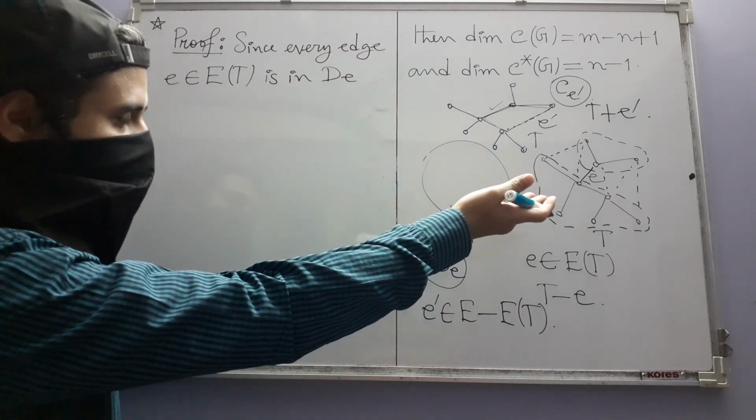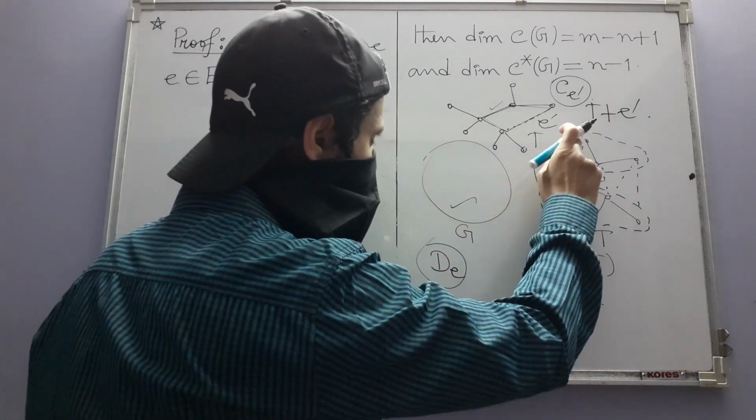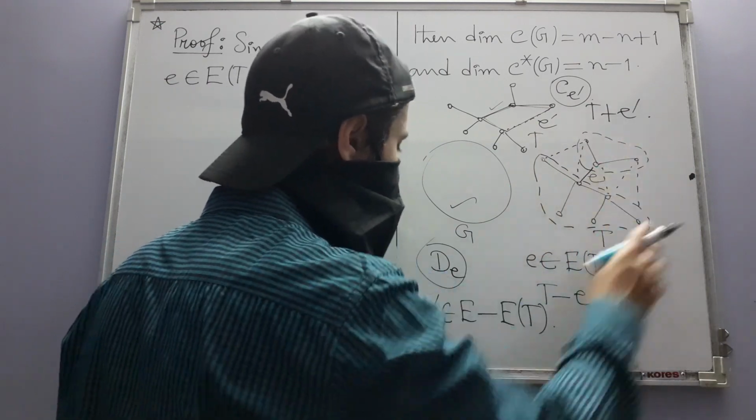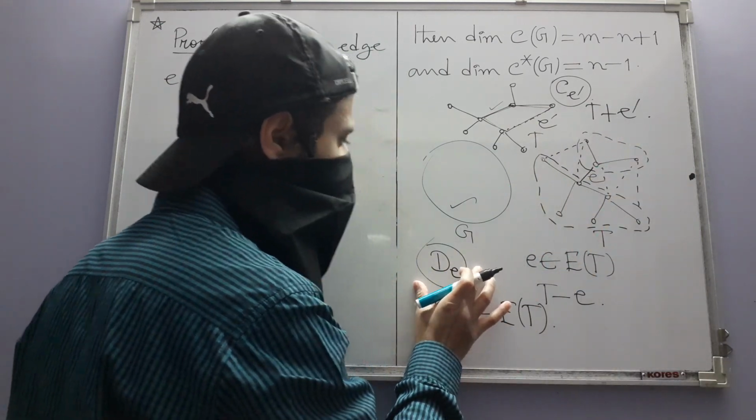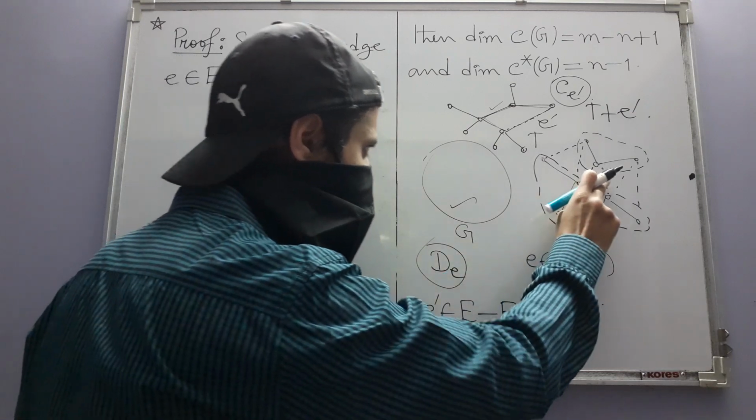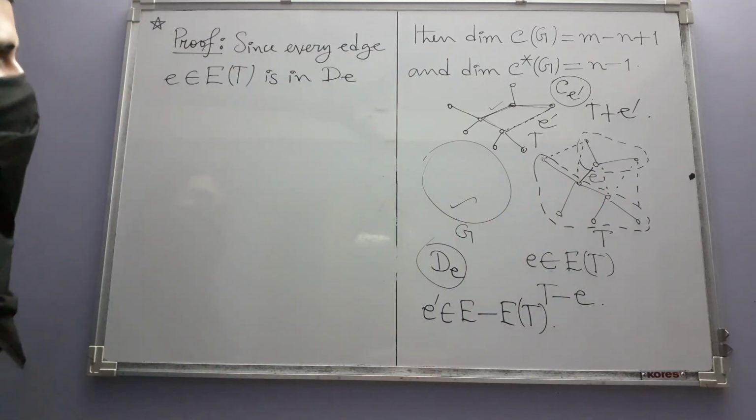We can see that here. These edges form the set DE, and among all those edges, E itself is also an edge.